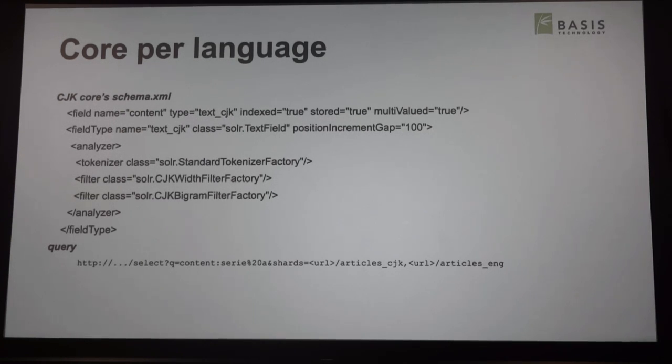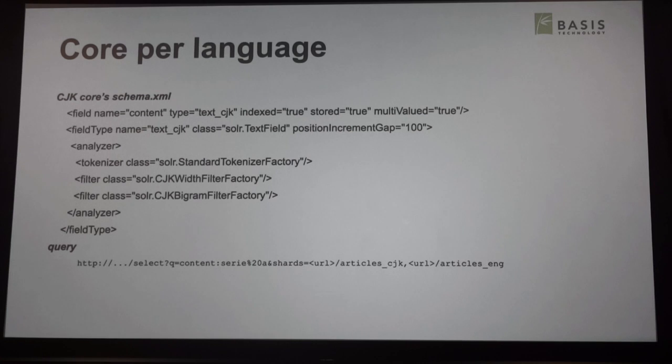OK, core per language. So remember that this is an individual index dedicated to each language. So here, rather than your universal schema, you have a CJK core. And in this core, rather than calling our field content_cjk, we might as well just call it content.